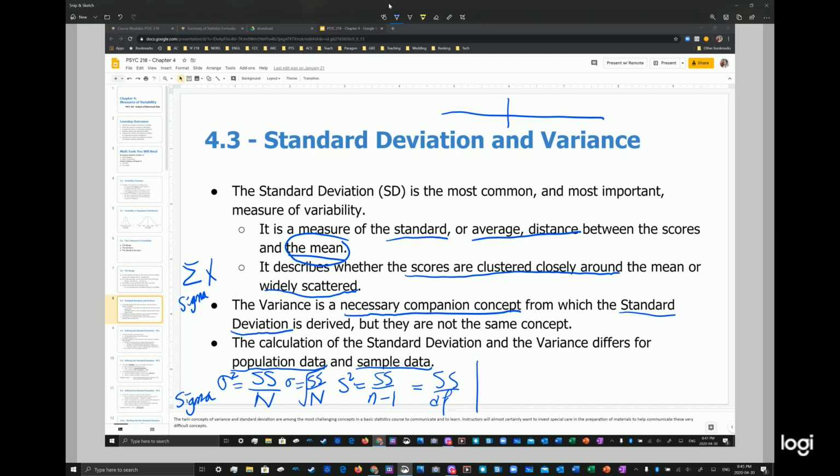And the same applies for sample standard deviation. Again, we use n minus 1 for sample standard deviation or sample variance, depending on what we're looking at. Again, remember, the standard deviation is the square root of the variance.